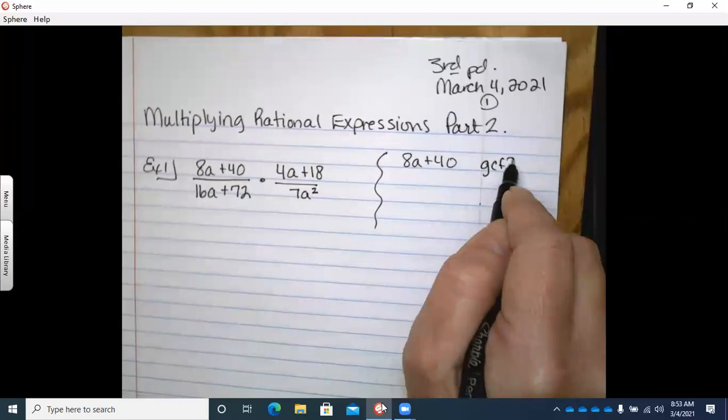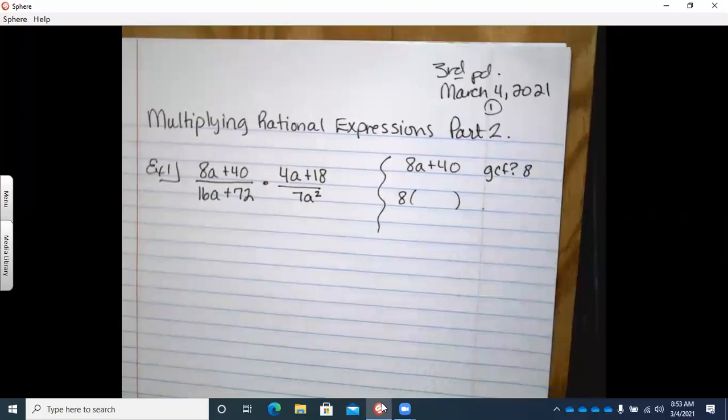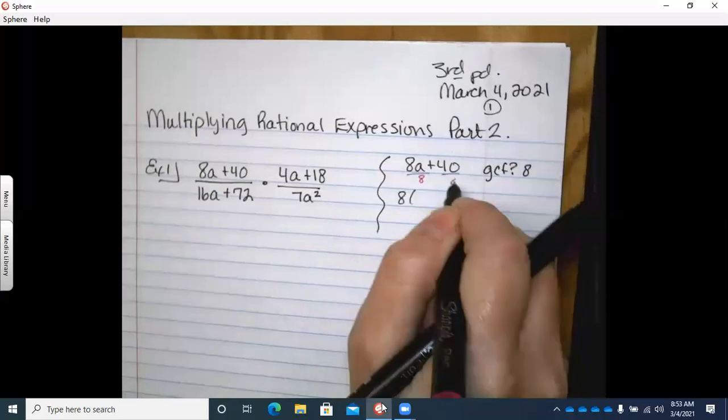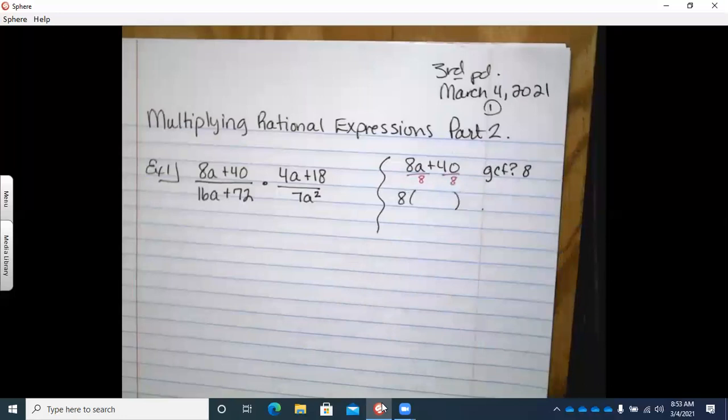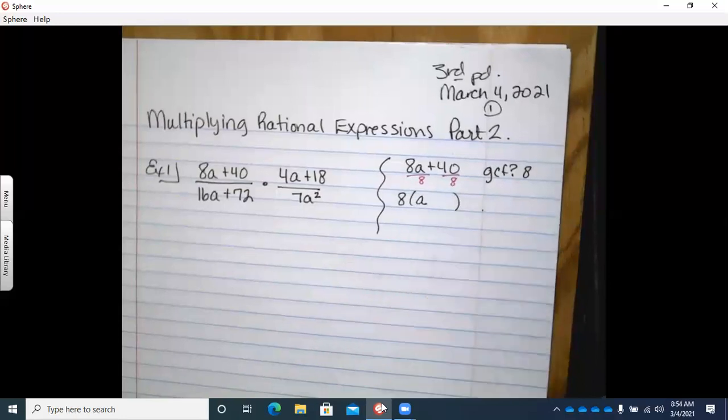So we write the 8 outside parentheses. A lot of you keep continuing to just make the 8 go away. It doesn't go away. Then we divide each term by 8. Whatever's left goes in parentheses. What is 8a divided by 8? a. What's positive 40 divided by 8?